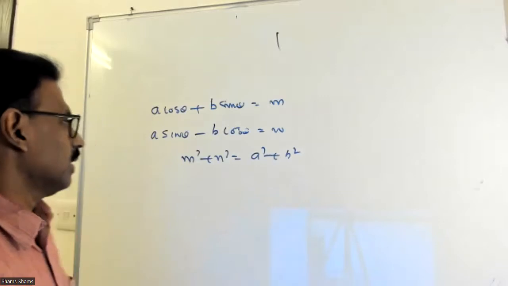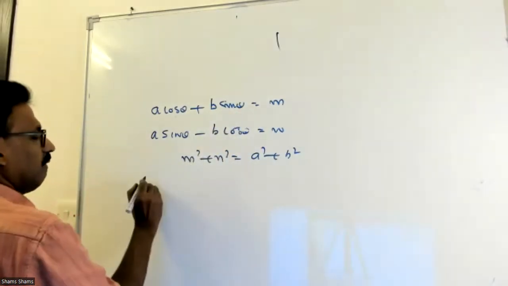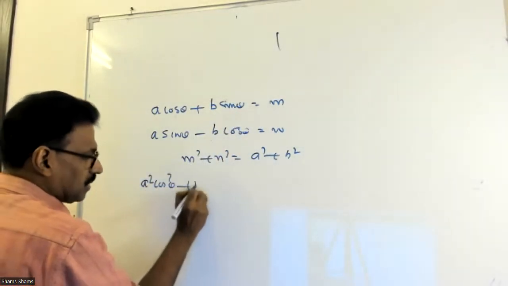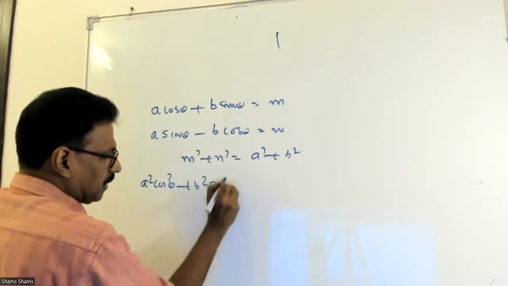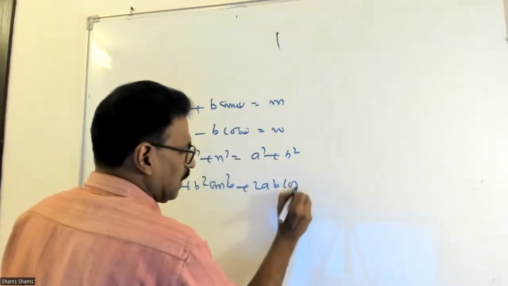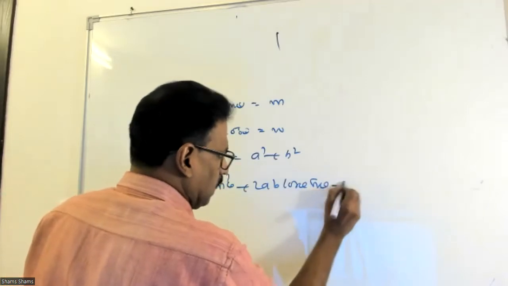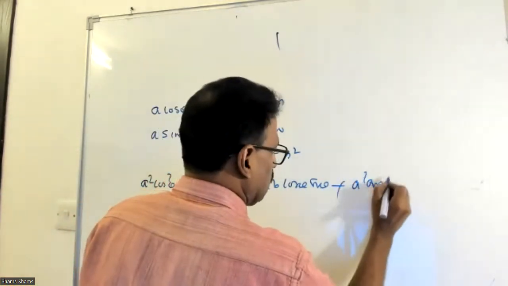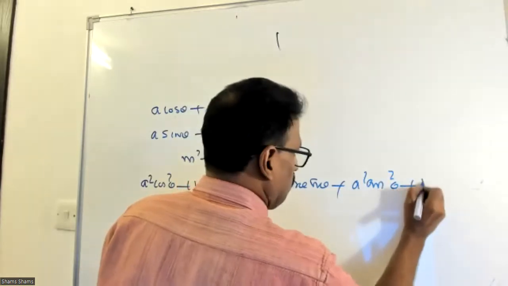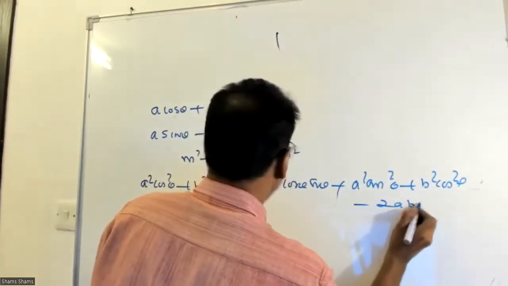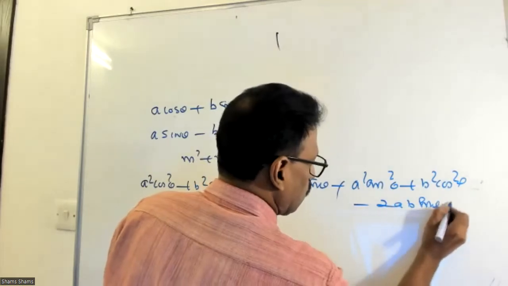So what you got here? Squaring this, M square is A square cos square theta plus B square sin square theta plus 2AB cos theta sin theta, plus A square sin square theta plus B square cos square theta minus 2AB sin theta cos theta.